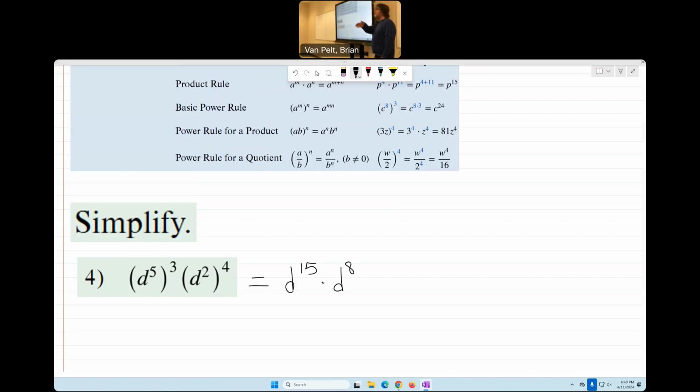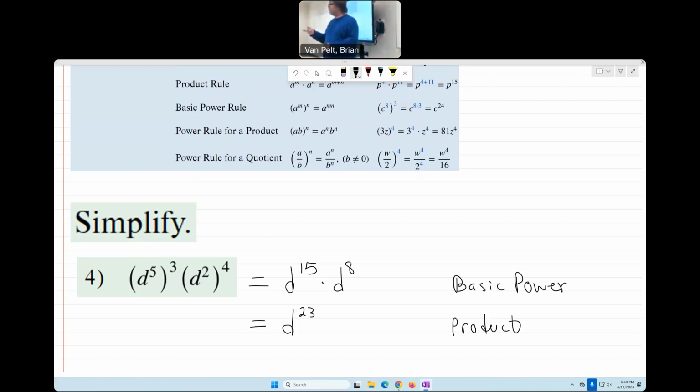But now, what rule can I use for this one? You add them together. And what do you call that? That's the product rule, which says that I can add them together. So you have the basic power and then product. That's going to be the nature of these problems. You're going to have to utilize those four rules to simplify the expression.